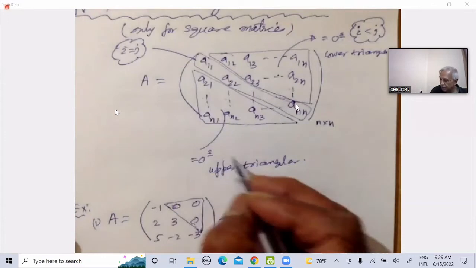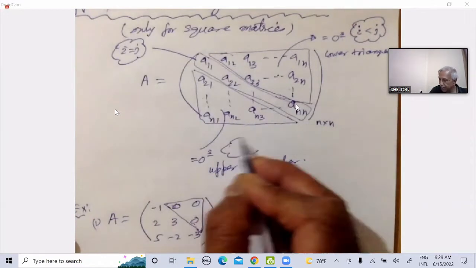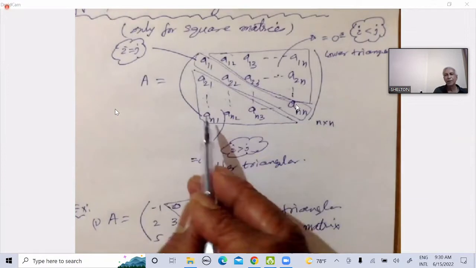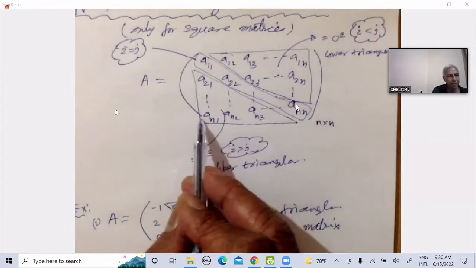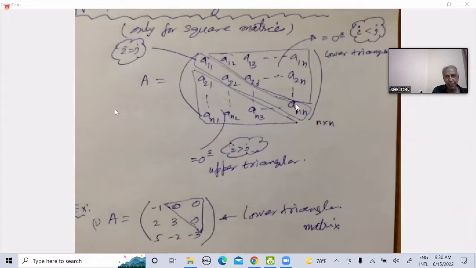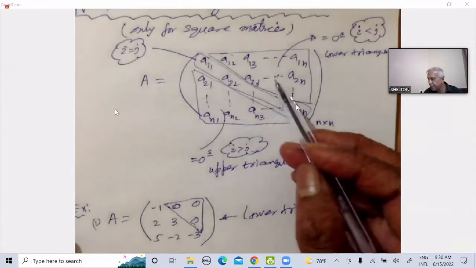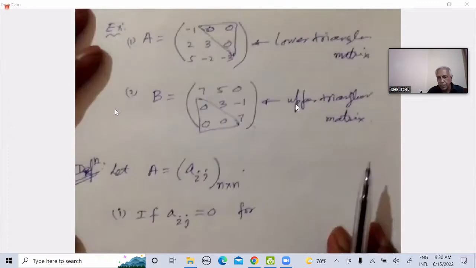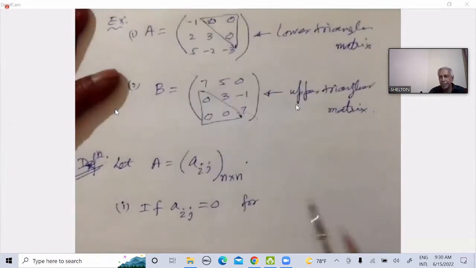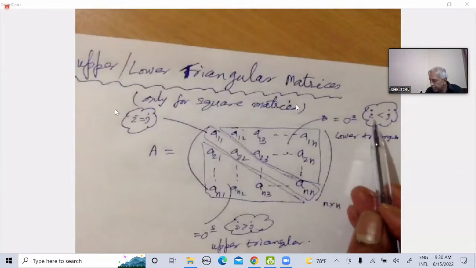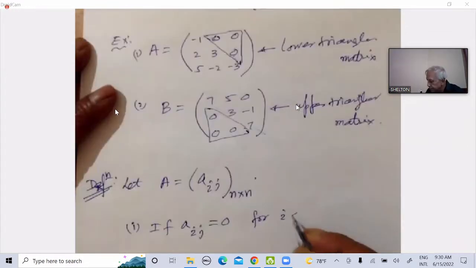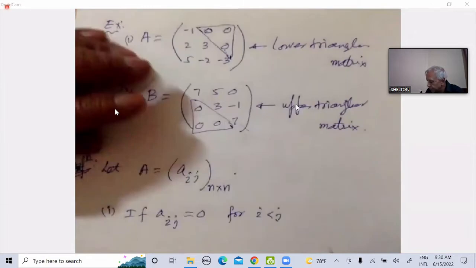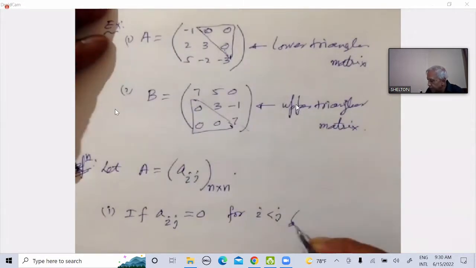Zeros for I bigger than J. Row number is bigger than the column number in the notation Aij. So if I want to say these are all zeros, what are those for? I less than J. For I less than J, we know I goes from 1 to n, J going from 1 to n.